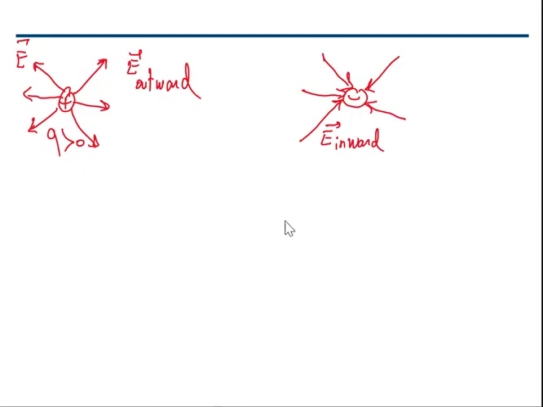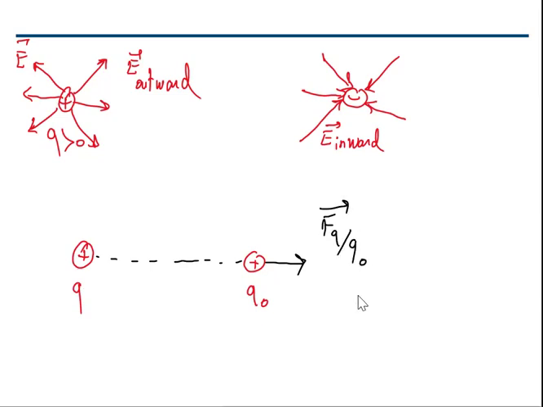So to figure out the presence of the electric field, we take a positive charge Q, and there is a test charge Q naught. According to Coulomb's law, there is a force between these two charges. This force is repulsive, equal to F of Q on Q naught. Good. That's very nice.